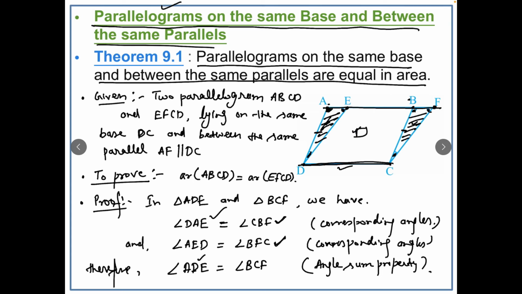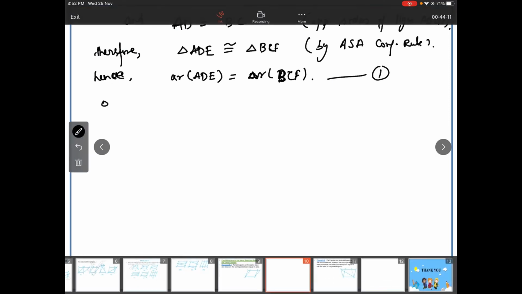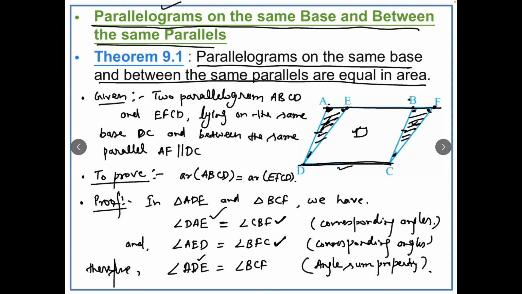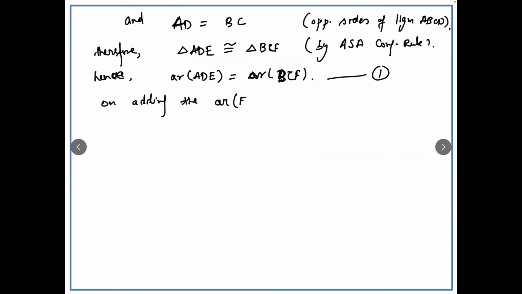So we'll write, adding the area of the figure EBCD on both sides in equation 1.